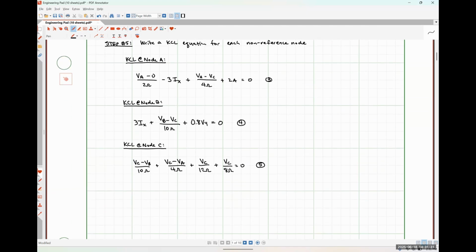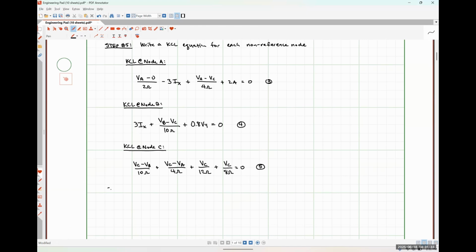So step number 6 is just going to be solve our system of equations. So here is where I'm going to start doing substitutions.